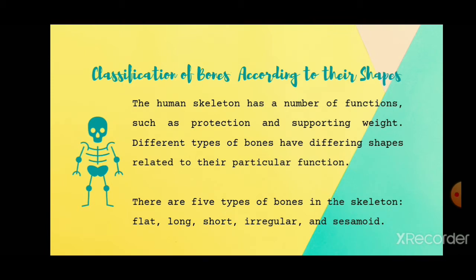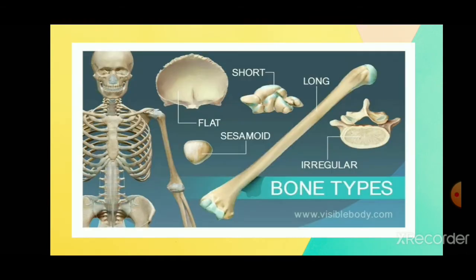The different types of bones have different shapes too, in which those shapes relate to its function and purpose. These are the 5 types of bones in the skeleton. Ito yung flat bone, ito yung long bone, short bone, ito yung irregular bone, and the last one is yung sesamoid bone.